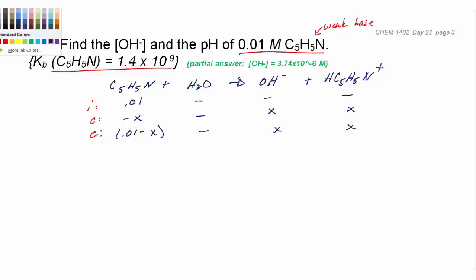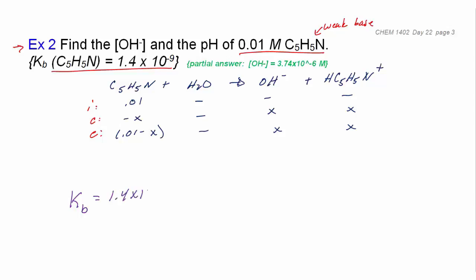Next step, plug them into our Kb expression. That number is 1.4 times 10 to the negative 9. That has to equal the hydroxide and conjugate acid concentrations multiplied together, divided by the pyridine concentration.